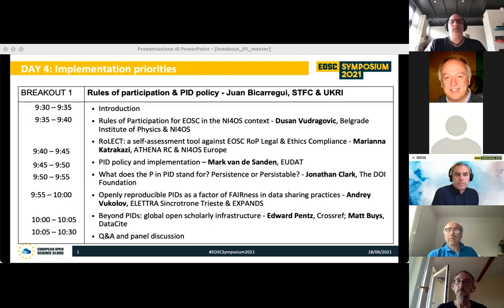I think the question is to what extent EOSC wants to take up this responsibility, including the funds to sustain it. At the moment that is not yet clear, but certainly the responsibility of keeping the data safe long term lies initially with the service providers and the agreements with the data owners who deposit the data.